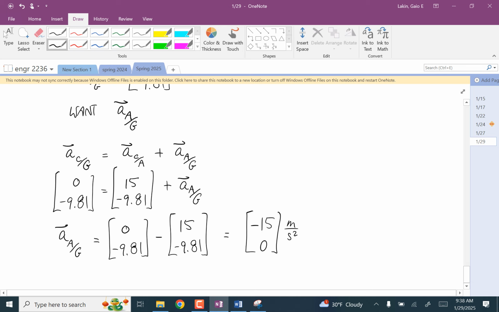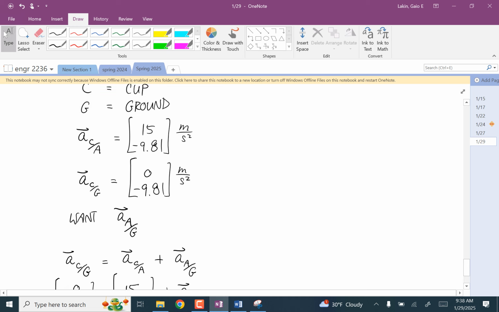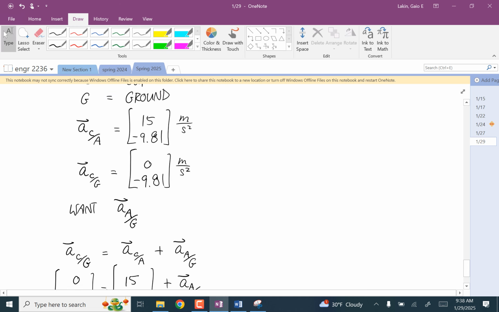Question? What was your reason for starting with the cup relative to the ground? I just put, because I had these three, these are the three I have. And so I just put them in a form that met that requirement of fraction multiplication. There are two ways you can think of it, and that's one of the two.